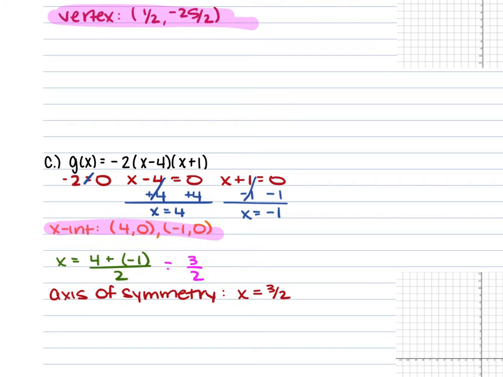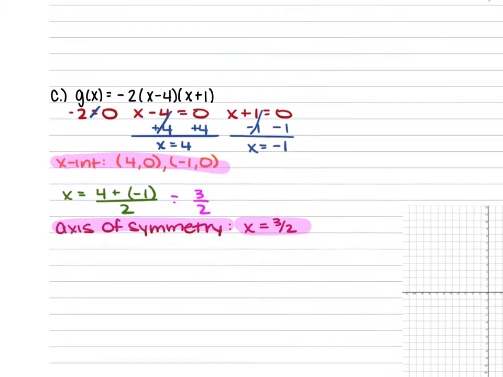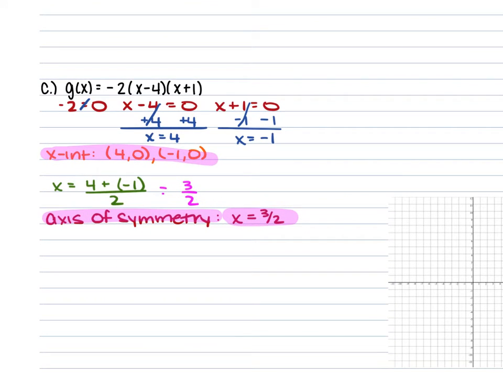Now I'm going to keep this as an improper fraction, so that way it's easier for me to add, subtract, that kind of thing. From here, I'm going to find my y value, so that way I have my vertex. My y can be found by doing y is equal to negative 2 times 3 over 2 minus 4 times 3 over 2 plus 1.